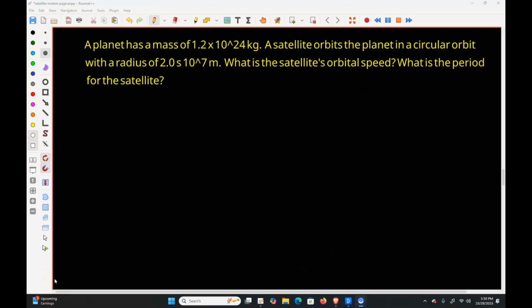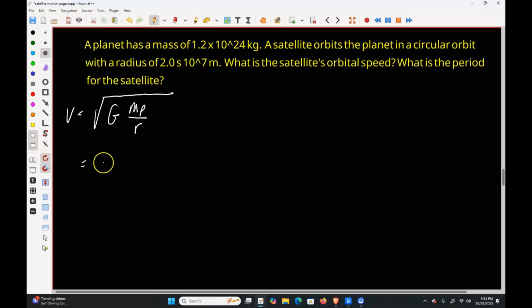All right, the next problem, I have a planet and a satellite, so I have one thing going around one thing. I want to know what is the satellite's orbital speed and what is the period of the satellite. To calculate the velocity, we're going to use the formula: velocity is equal to the square root of the gravitational constant times the mass of the planet divided by the radius.